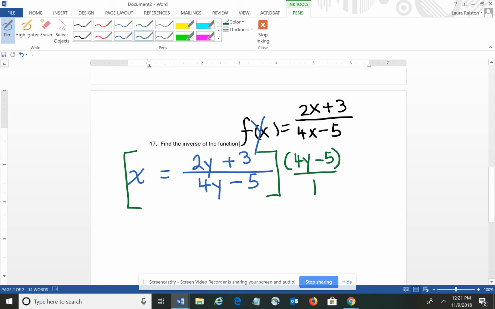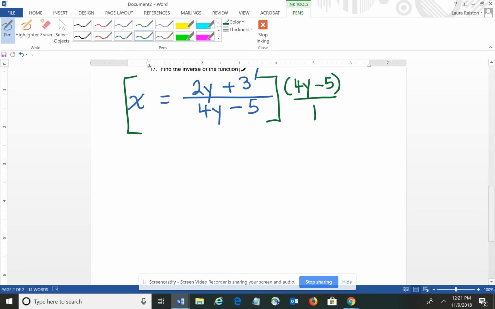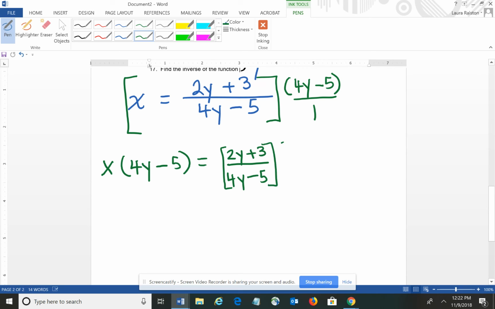And technically, it's over a value of 1. So if we multiply through, we have x times 4y minus 5 equals 2y plus 3 over 4y minus 5 times 4y minus 5 over 1.